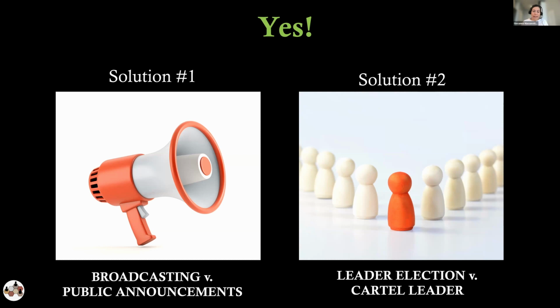Why? Because by electing or identifying a leader, you introduce a single point of coordination. Basically the leader sets the shared value, the agreed value, and this facilitates agreement in the network.